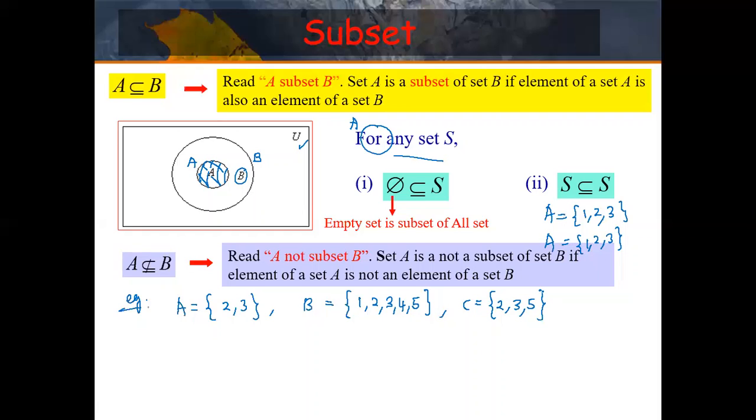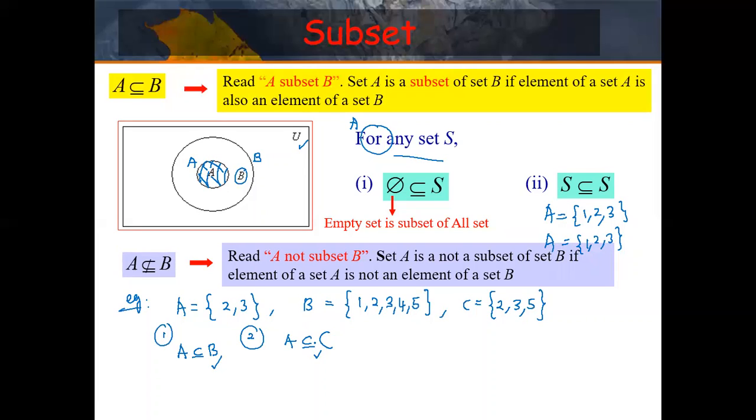Therefore, is A a subset of B? Are all elements of A also elements of B? Yes, all elements of A, 2, 3, are also elements of B: 1, 2, 3, 4, 5. Is A a subset of C? Yes, all elements of A are also elements of C: 2, 3, 5.